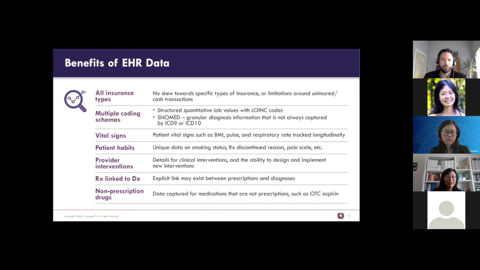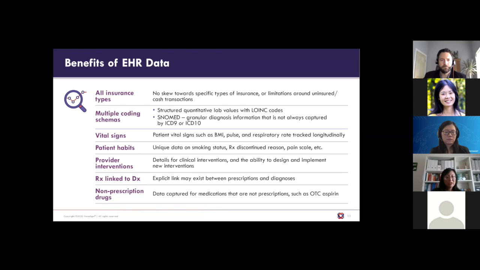What this means is that there's the capability to capture patient data in more granularity. Sometimes certain conditions are better described in one coding system versus the other. But it also means that the provider has options and a preference on how they record something, and the analyst needs to understand how broadly to search for something in the data.